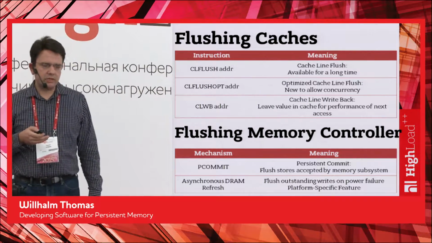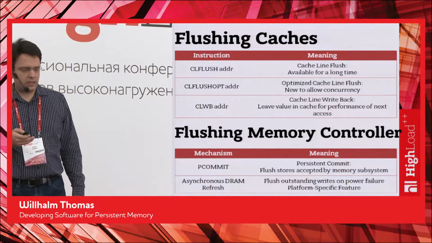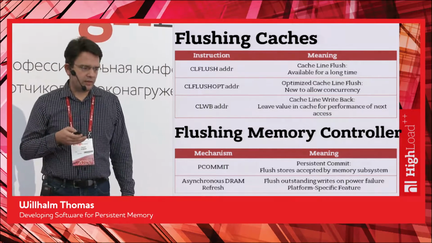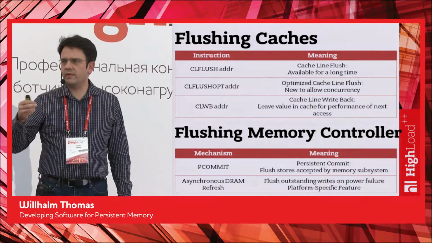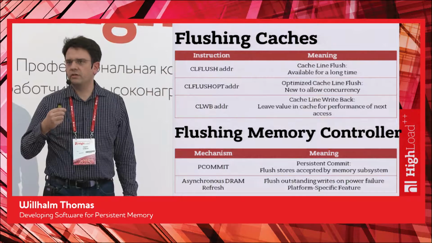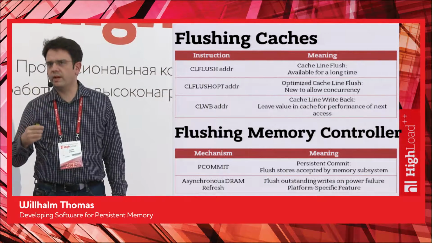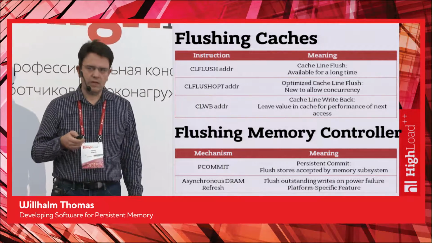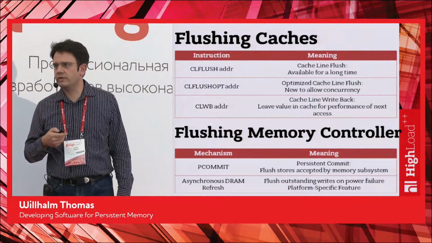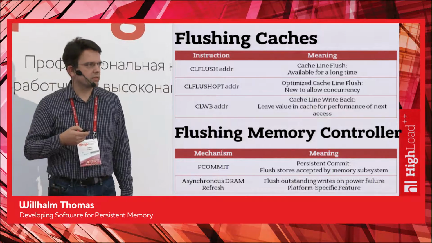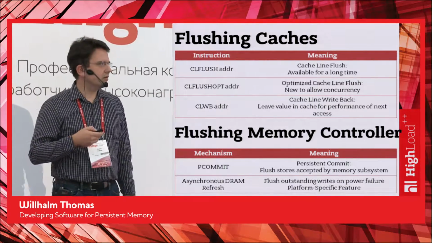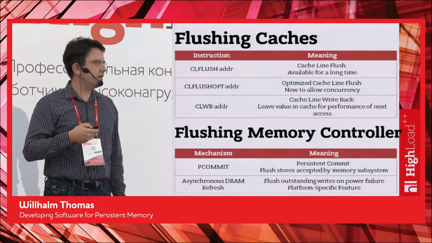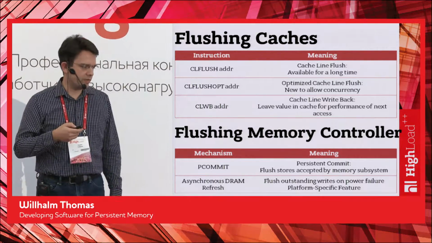And there's also another instruction, cache line write back, that is not flushing the memory, but keeping a copy in cache while still sending it to memory so that you can be sure that it's persistent. On the other hand, I also already mentioned the pcommit. This pcommit is then the acknowledgement that everything has been sent out to memory.